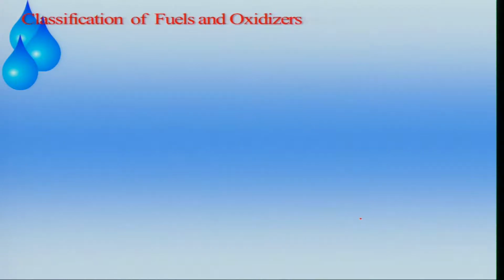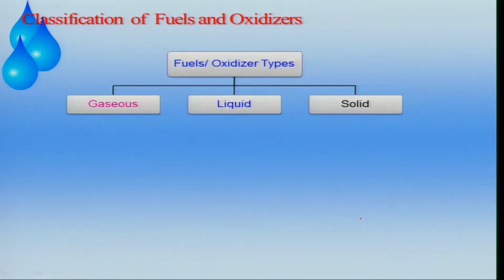Now let us classify these fuels and oxidizers based on physical states. We can classify them, for example, as gaseous fuel, liquid fuel and solid fuel. And of course, gaseous fuel is quite easy to handle, am I right or wrong?